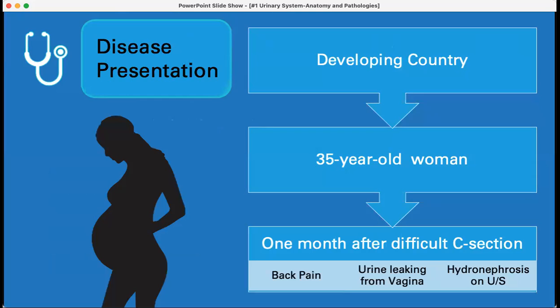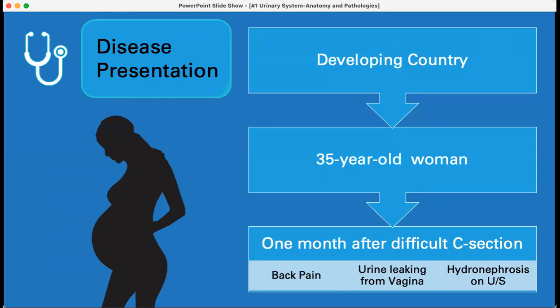Okay, let's go to another disease presentation. This is in a developing country, a 35-year-old woman that I took care of anesthetically. She came back to the medical facility a month after she had a very challenging cesarean section. There was lots of blood, and they had a hard time during the C-section.